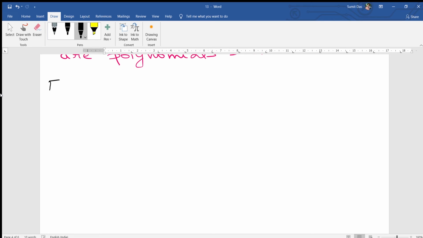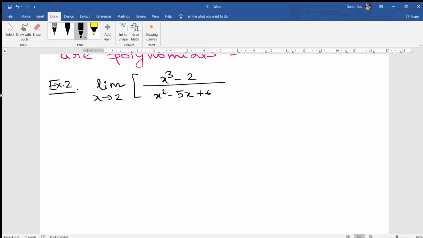Next, example 2. Suppose I'm taking one example from your book. Limit x tends to 2 of x square minus 5x plus 6 over x cube minus 2x square.